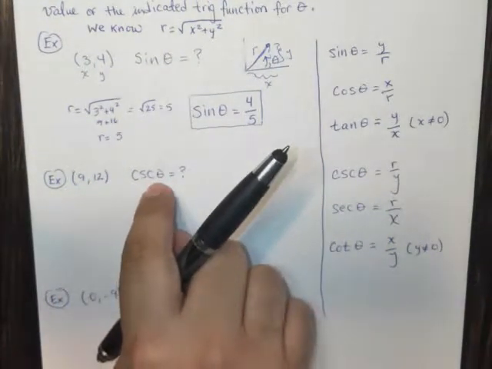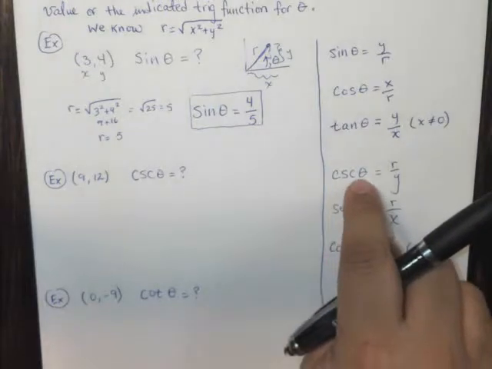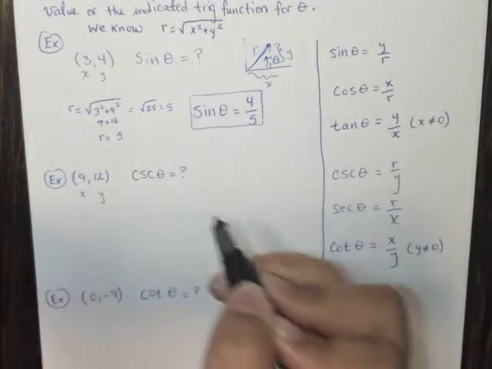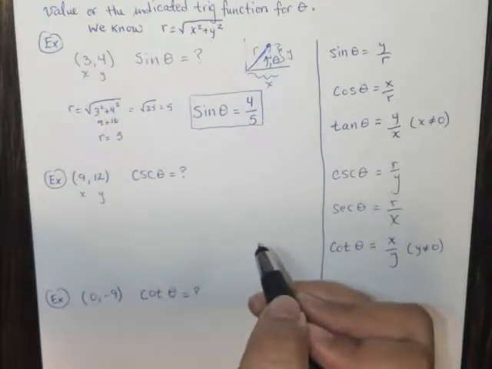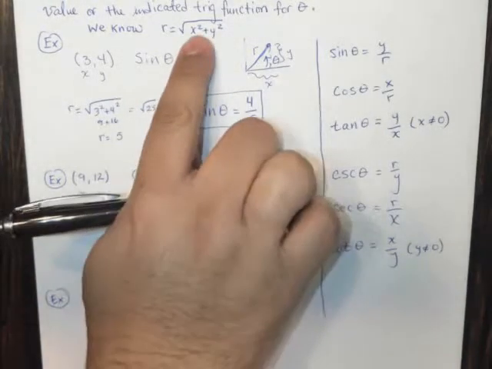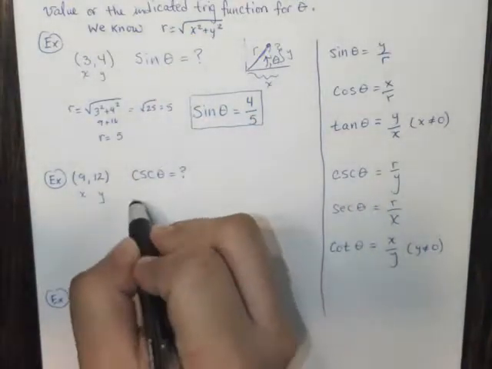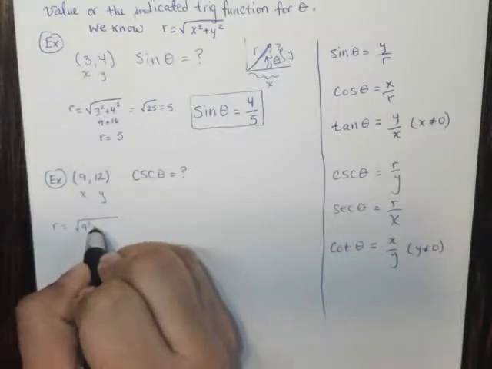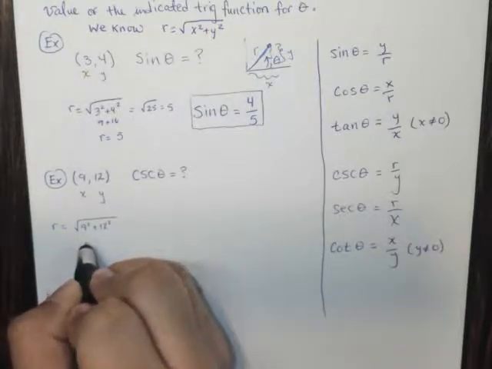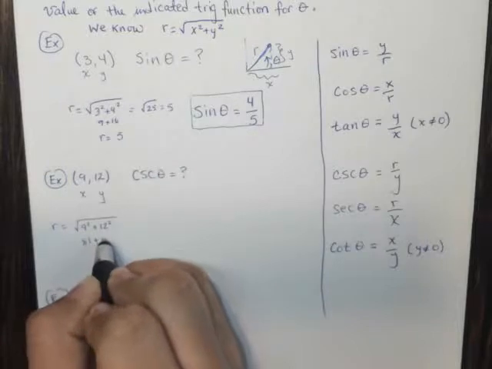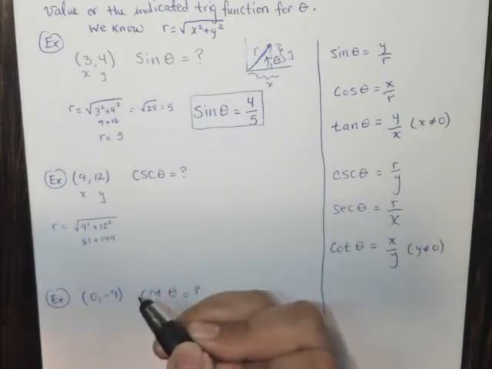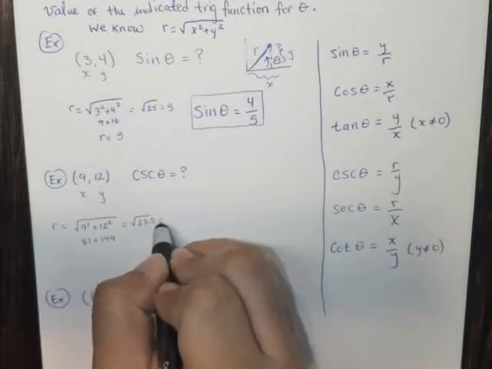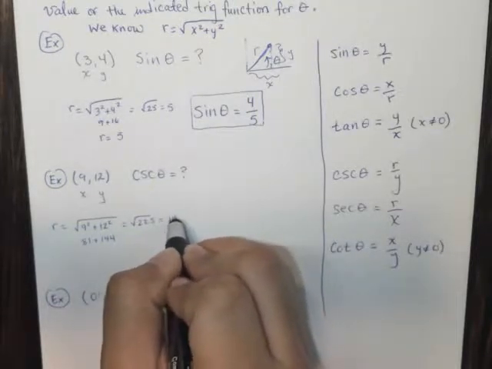It says the cosecant of theta. So the cosecant is r divided by y. And again, we're given x, we're given y, but we don't know r, so we're going to calculate it with the same formula up here. All right, so in this case, r will equal the square root of 9 squared plus 12 squared, which in this case is 81 plus 144. And this gives us then the square root of 225, which we know to be 15.